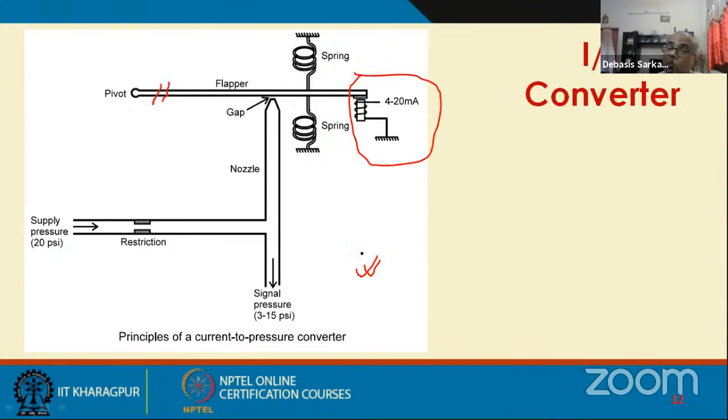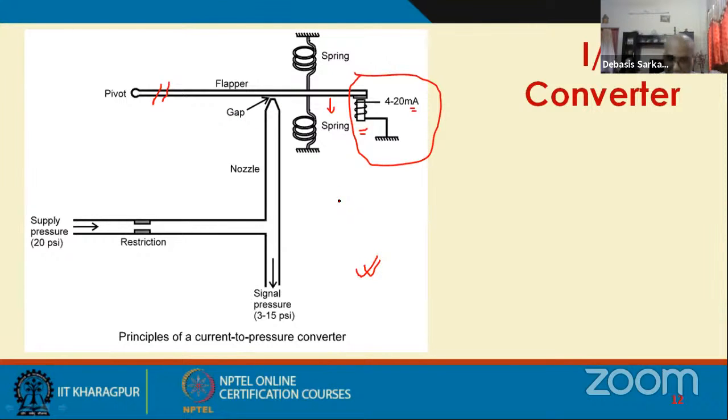And the 4 to 20 milliampere current that I have to convert to the pressure signal is being sent here. As I send this 4 to 20 milliampere current, I produce a magnetic field here. So this magnetic field pulls down this flapper, and that's how it maintains the gap between the flapper and the nozzle.